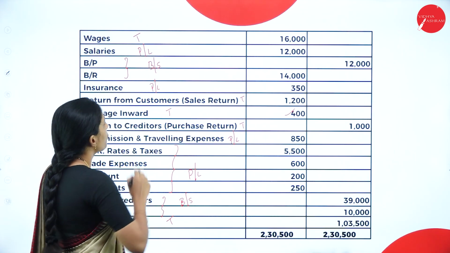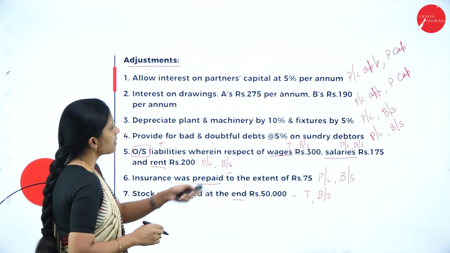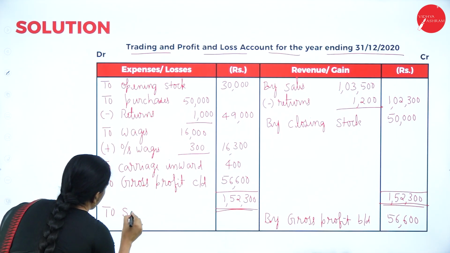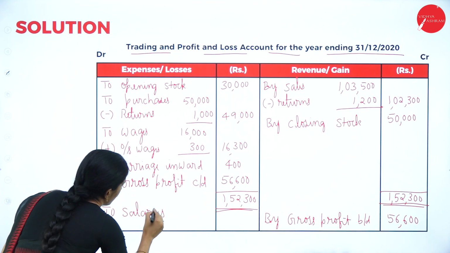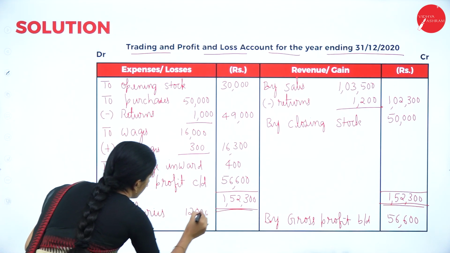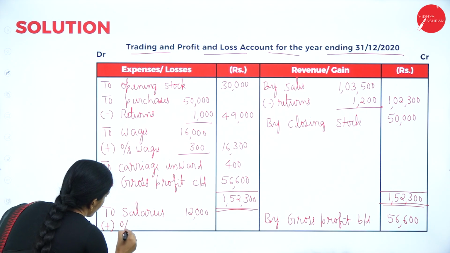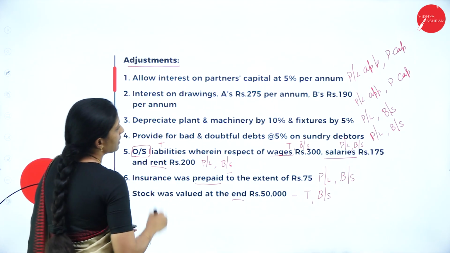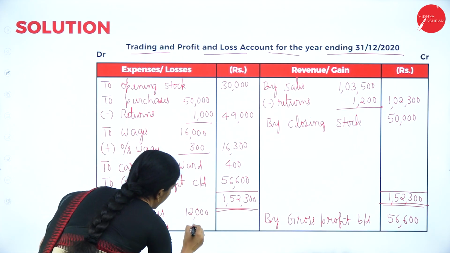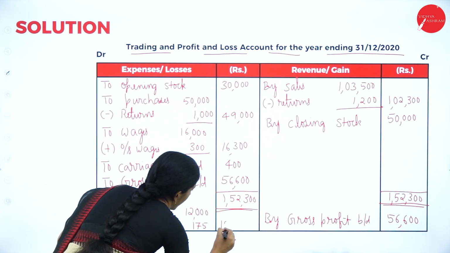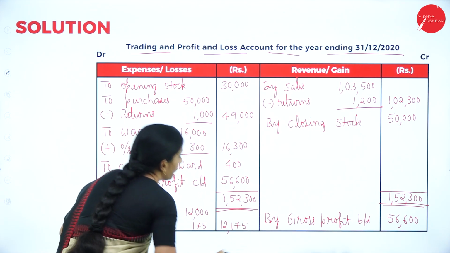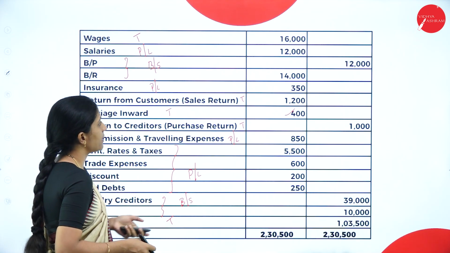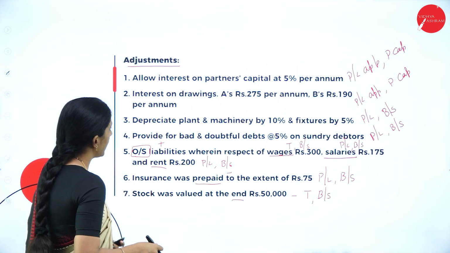So how do you record? To salary 12,000 plus 175 outstanding. So to salaries 12,000 add outstanding salary, given in the adjustment, 175. So this will be 12,175. Next, move on to the next indirect expense. We have insurance 350. Anything outstanding insurance?